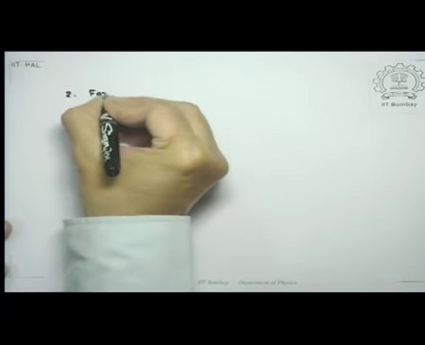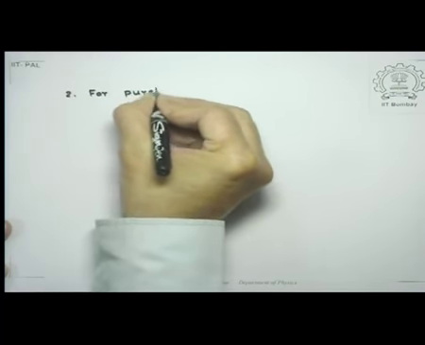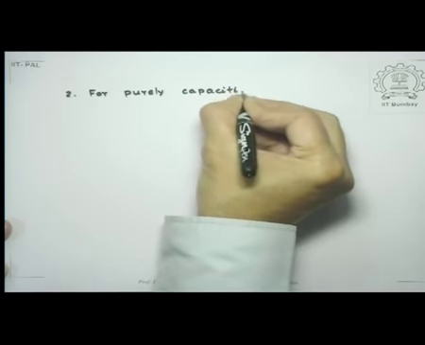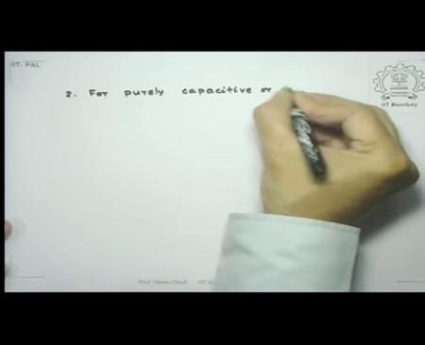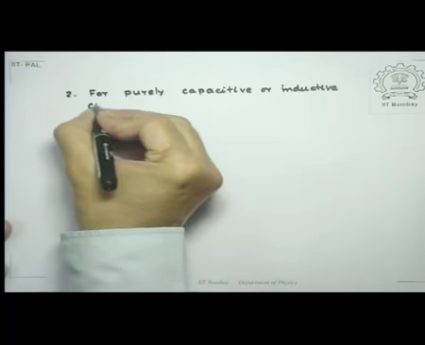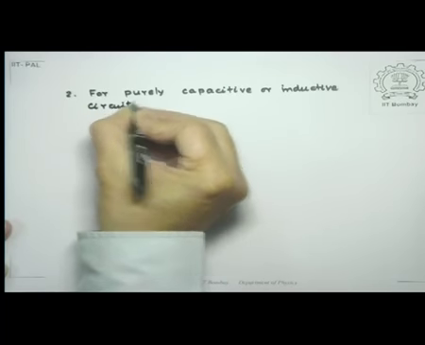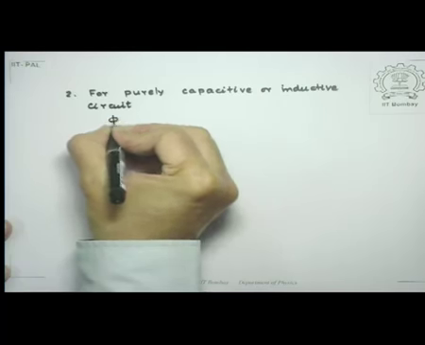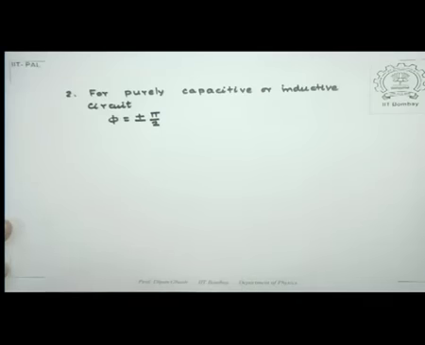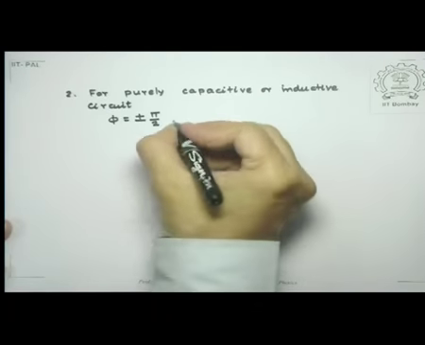We have seen that for purely capacitive or inductive circuits, the phase is plus or minus pi by 2, plus for a capacitive circuit, minus for an inductive circuit.